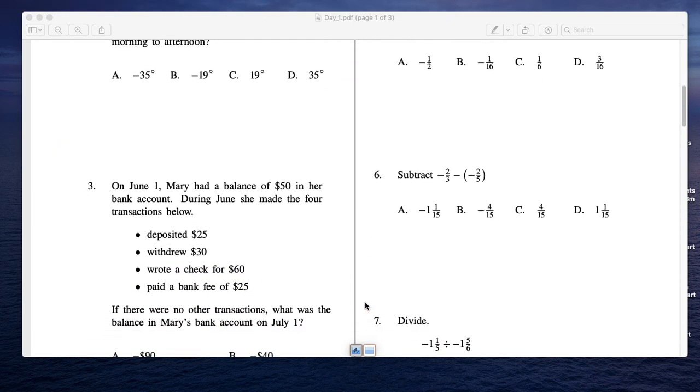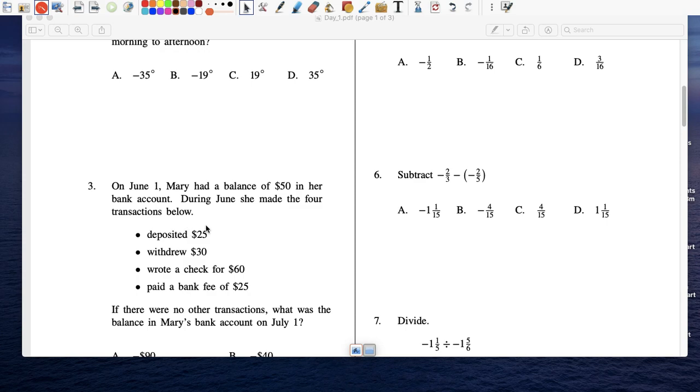3. On June 1st, Mary had a balance of $50 in her account. During June, she made the 4 transactions below. So let's start. So 50, she deposited 25, which means we add 25. Remember, a deposit is something that you add on to your account, right? Then she takes away 30, so we're going to go minus 30.